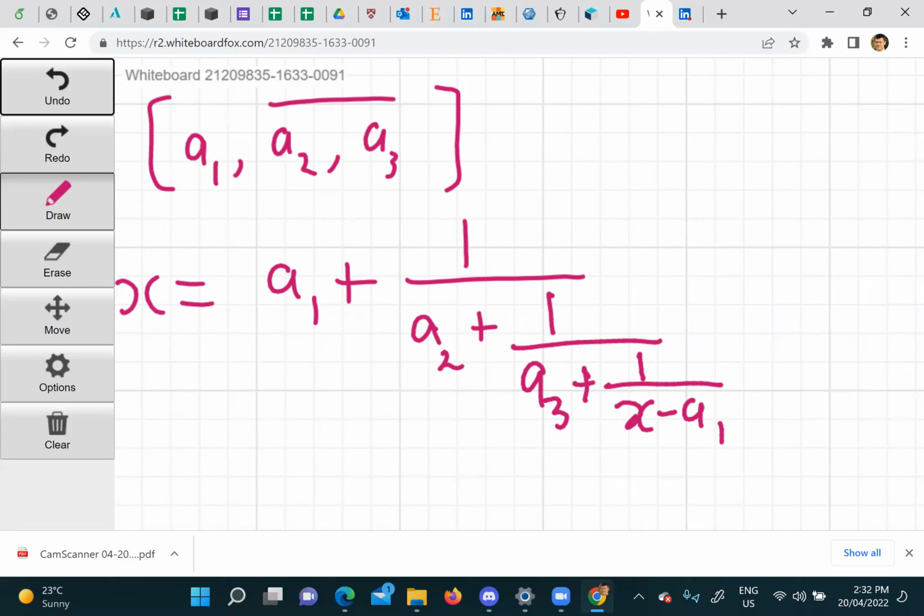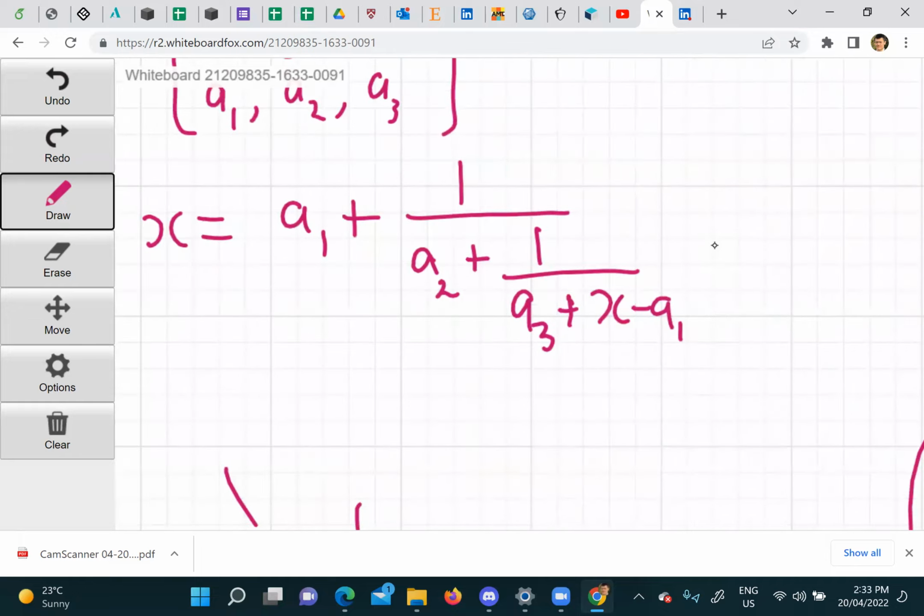I wrote 1 on x minus A1. Yeah, it's just x minus A1. When you flip everything, the degree can't be more than a quadratic.